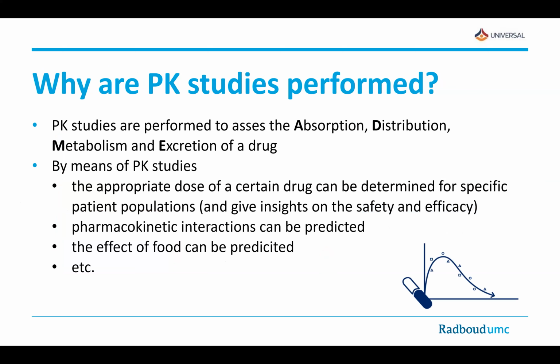And by means of pharmacokinetic studies, the appropriate dose of a certain drug can be determined for specific patient populations, for example, for children. But with these studies, we can also predict pharmacokinetic interaction or predict the effect of food, for example, on the pharmacokinetics of the specific drug.